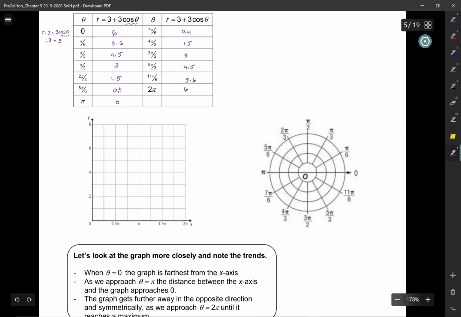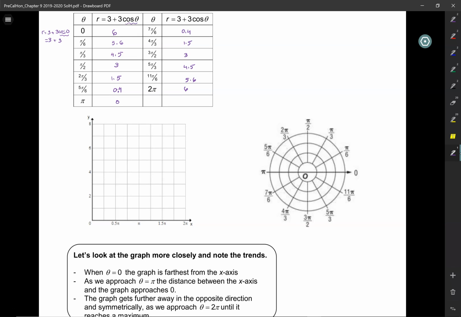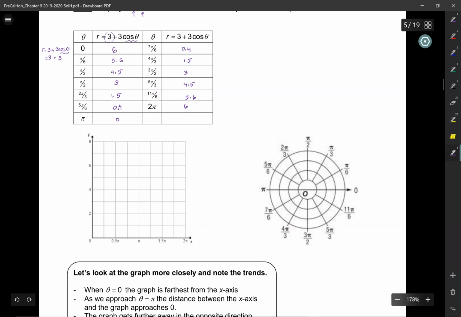When I'm graphing it on the x and y coordinate plane, I can actually do it without that chart, right? Because, okay, so what is this? This is 3 cosine theta, amplitude of 3, but it also has a vertical shift of 3, right? Vertical shift of 3 and amplitude of 3. So 1, 2, 3, okay?